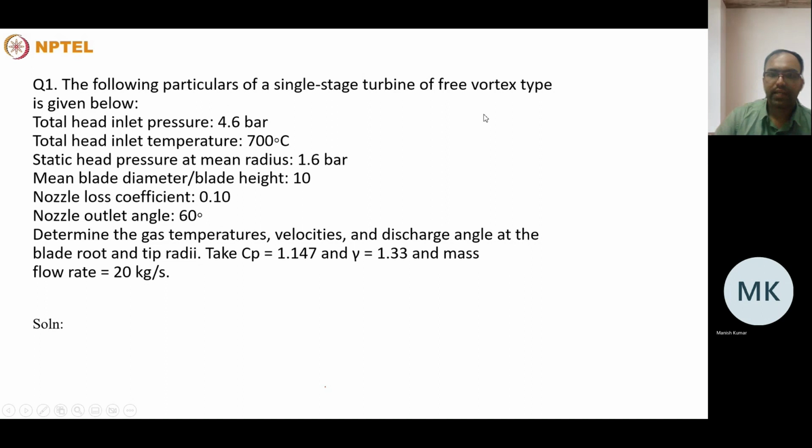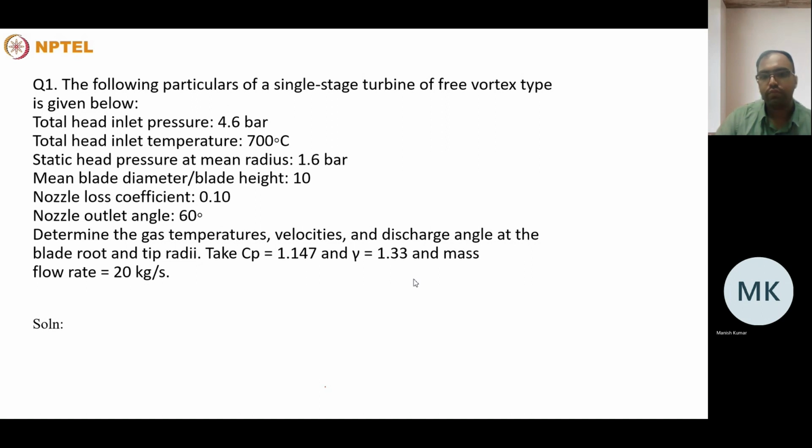We have to determine the gas temperatures, velocities, and discharge angle at the blade root and the tip radii. So at two different points, we have to calculate the discharge angle at the blade root as well as the tip radii, at the innermost point and at the outermost point.